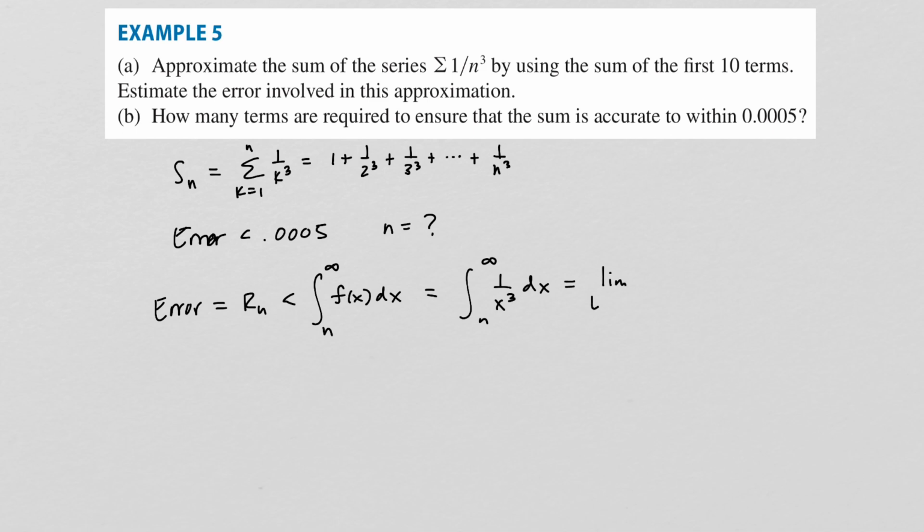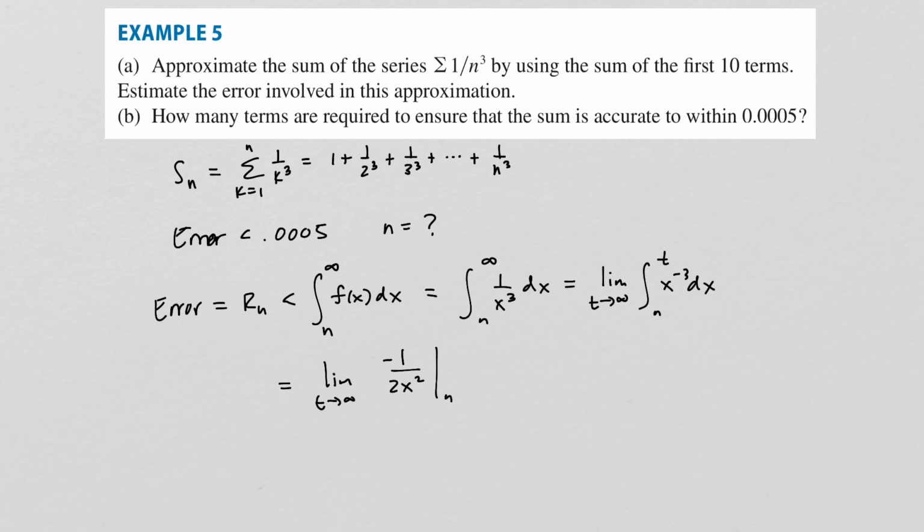It's going to be the limit as t goes to infinity of the integral from n to t, x to the negative 3 dx. Continuing here, we get the limit as t goes to infinity. We're going to have negative 1 over 2x squared. That is the antiderivative here. You can pause the video and verify that if you want.